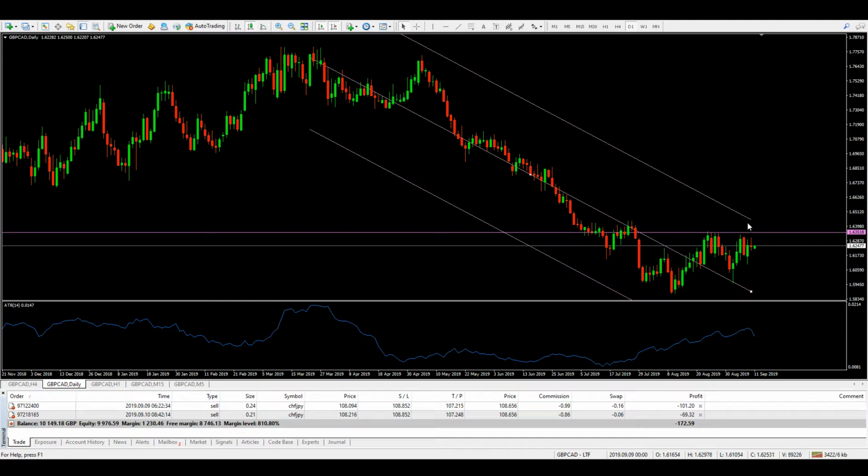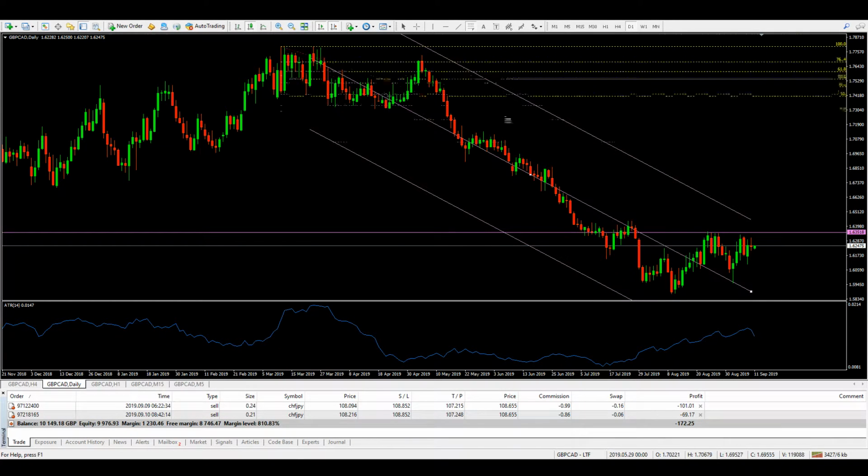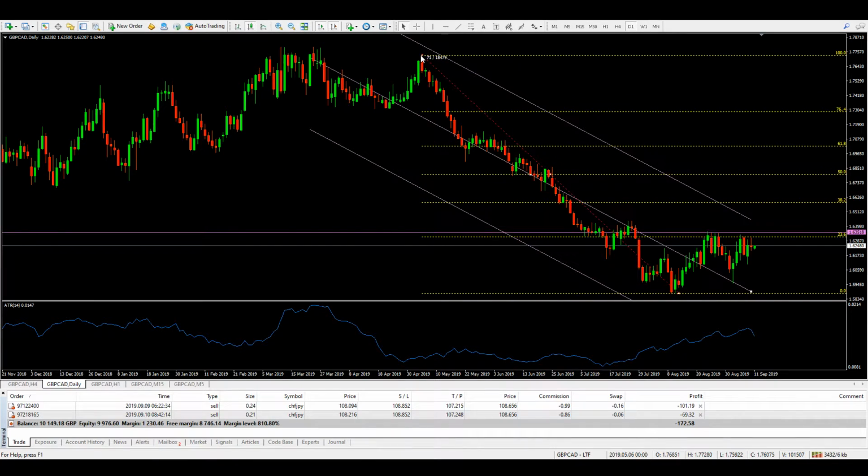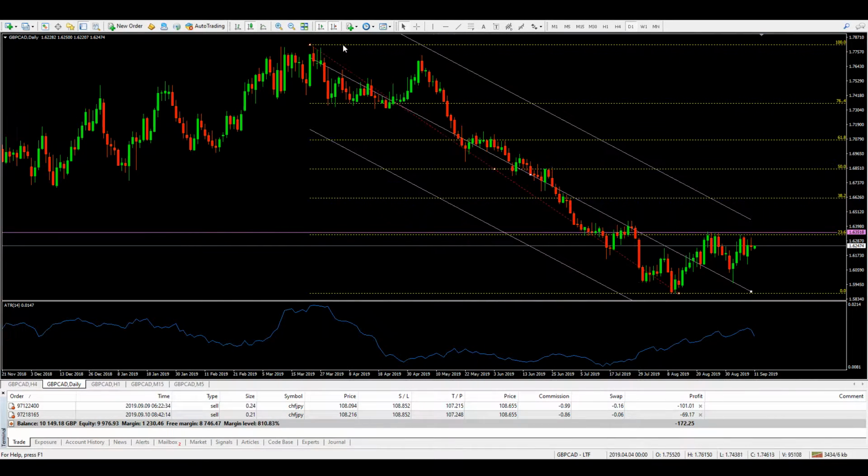But let's just see what the retrace is on that. Interestingly, it's bang on the 23 as well, thereabouts.